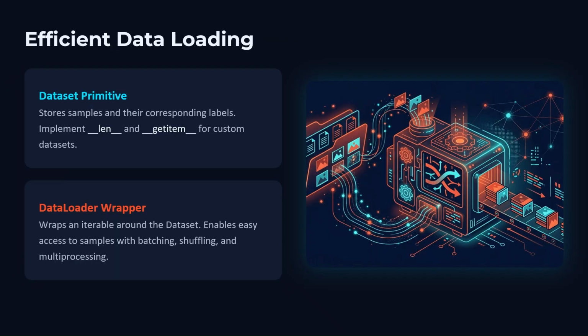When we load data into our model, it can get very wonky. So PyTorch has a built-in class called Dataset, and Dataset allows us to create pairs between our training data and our target data. You can either use PyTorch's built-in dataset, or you can make your own, as long as it implements these two functions.